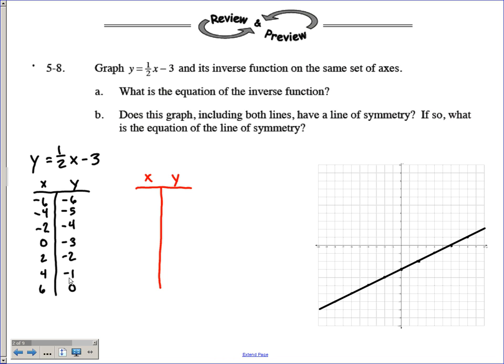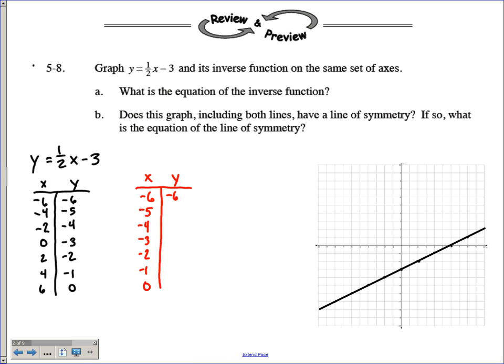So we're more or less just taking this list of points, or these coordinates, and these are now becoming our input values. So they become our x's here. And what was our input is now our output. So we've literally switched our x's and our y's there.